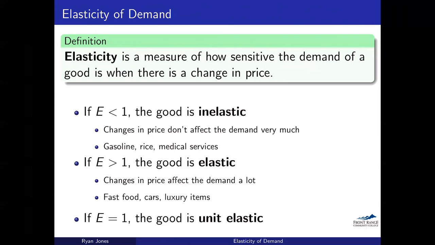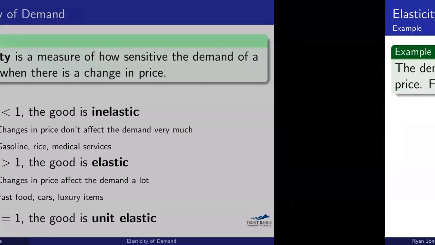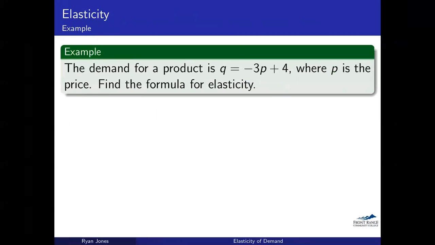So, all right, let's go ahead and get into an example here. So we did an example before where we looked at that non-calculus formula where we just wrote change in quantity divided by change in price. But here, we're now actually going to use our E is equal to negative P over Q times the derivative of Q with respect to P. And what we'll notice here, as I mentioned before, Q is a function and P is your variable.